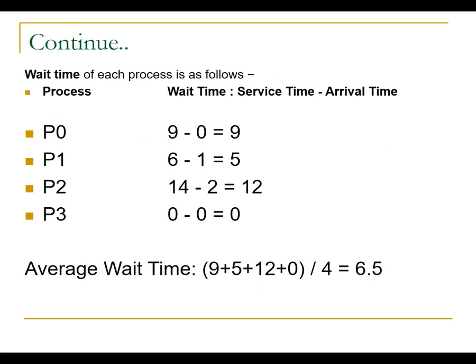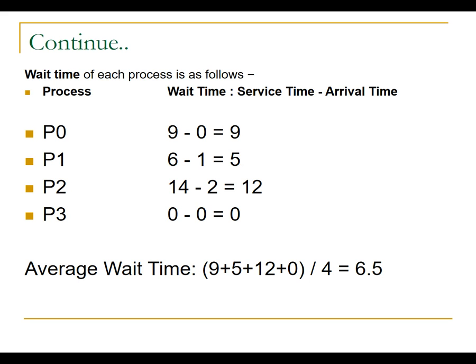The same thing is shown here in a table where there are a total of 4 processes. They calculate the waiting time by deducting arrival time from service time, where you can see that process number 3 has a waiting time of 0. Then the next is P1, which has a waiting time of 5.